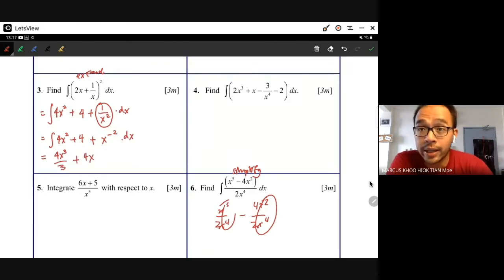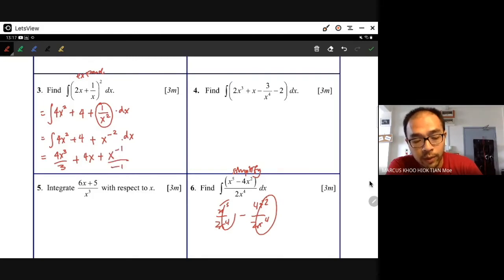Now this is where it gets a little bit difficult lah. Okay, ini bila kita integrate, kita akan dapat x to the power of negative 1 over negative 1. Okay, so kita tambah 1 plus c. But this cannot be the final answer. Okay, because number one, ada negatif di bawah, dan kedua, ada kuasa negatif.